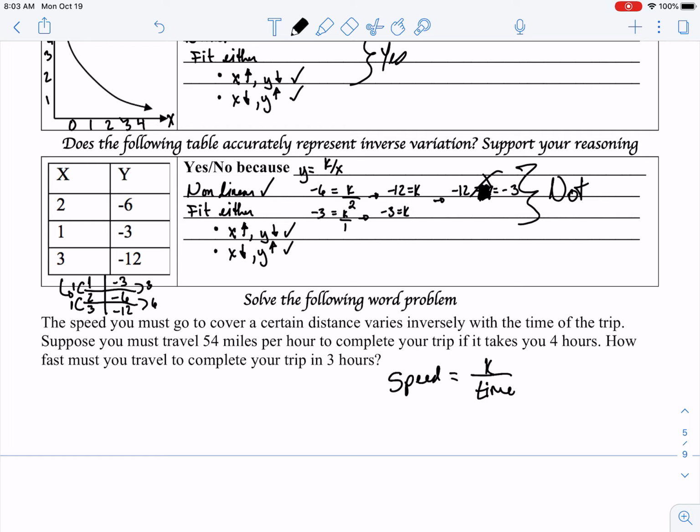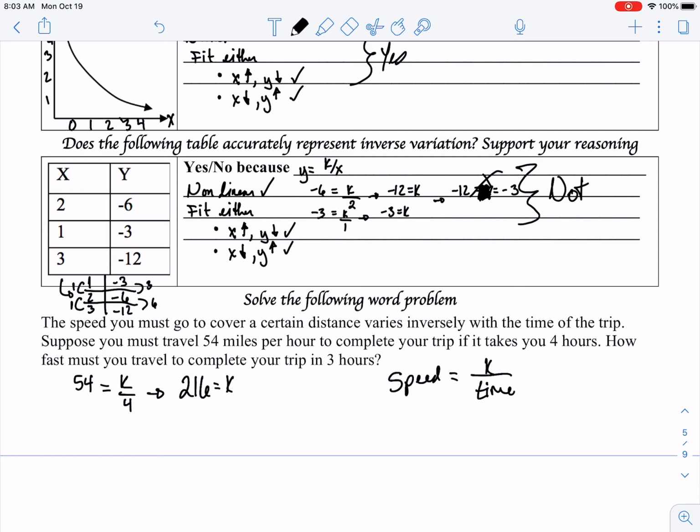So 54 miles per hour is my speed, is equal to k over x, or k over time, which is 4 hours. Again, get k by itself. Multiply both sides by 4, 216 is equal to k.